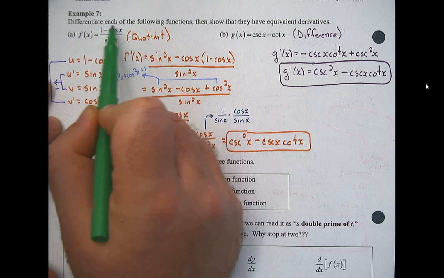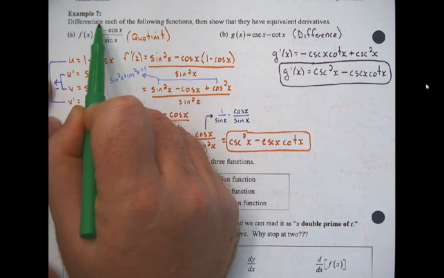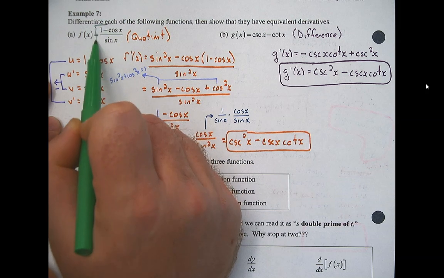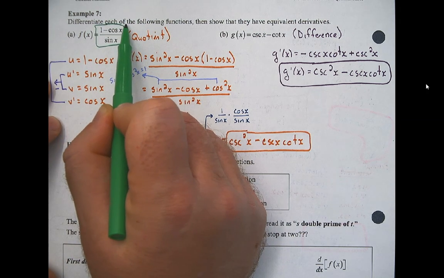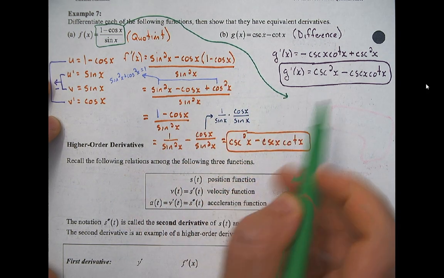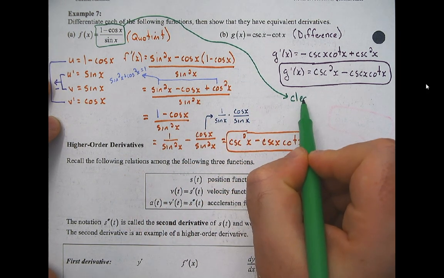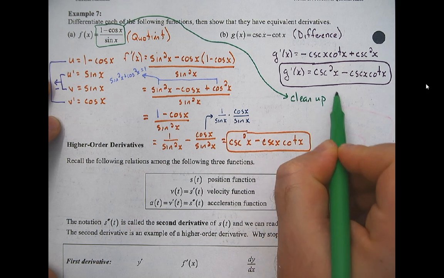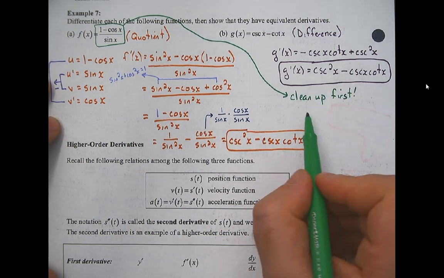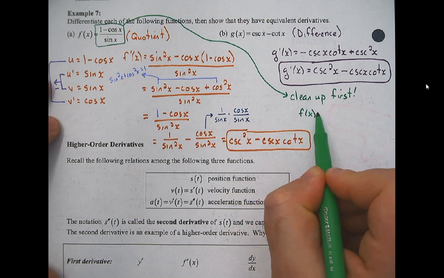So I'm going to take now, instead of doing a quotient rule, I'm going to take this thing. How do I want to box this? I'm going to take this and I'm going to clean it up first. And you can do this a lot with trig functions. Clean up first. So my math voice says this is f of x equals.